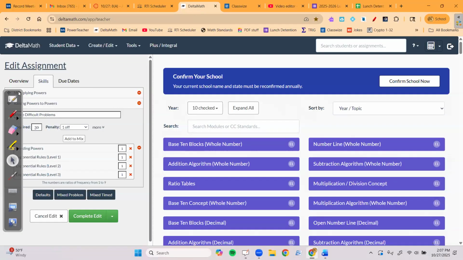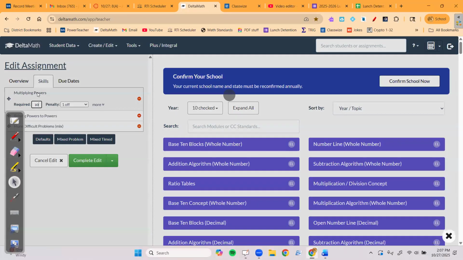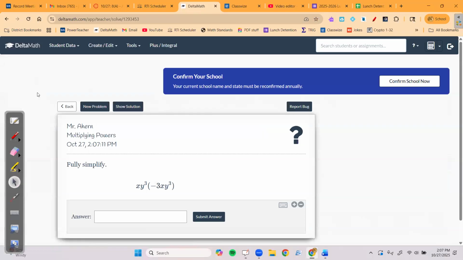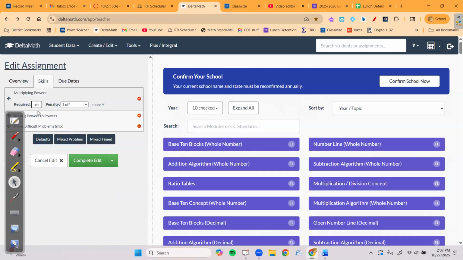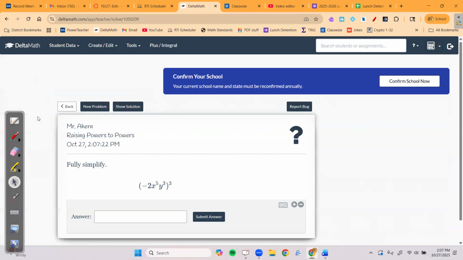And so the way I see an assignment is different from you. First off, when you go in later, this first section called multiplying powers, you should have had this section done last week. So I'm not going to go over those. This section called raising powers to powers, you should have had this one done last week. So I'm not going to go through those.